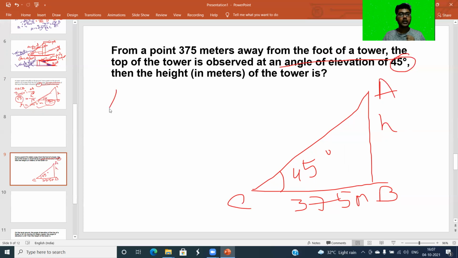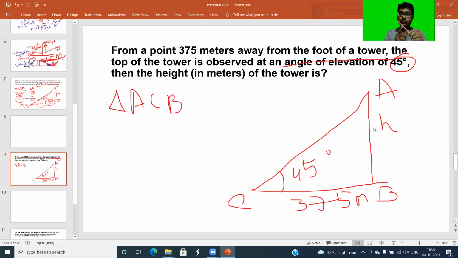In this triangle, let angle ACB be 45 degree, and the side facing this angle is the height.